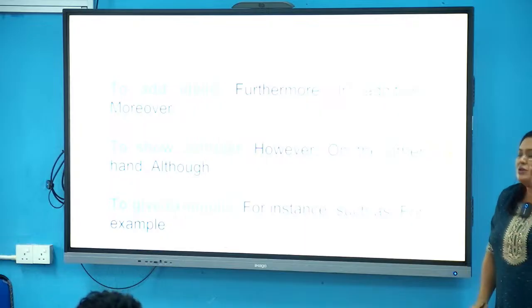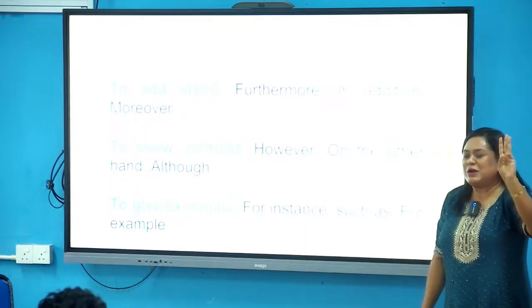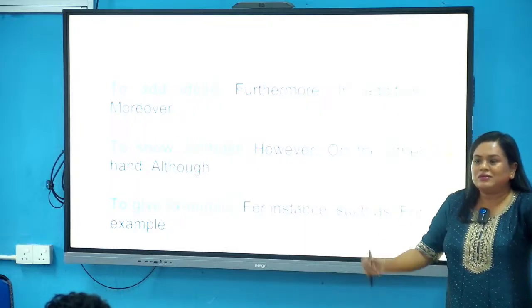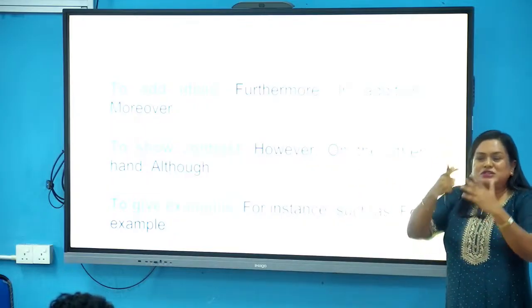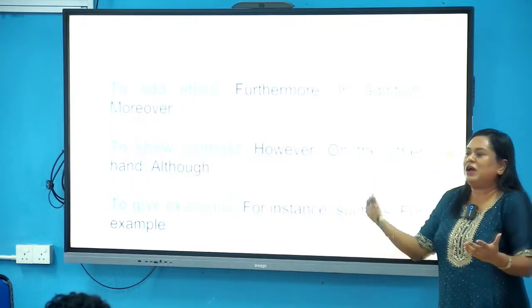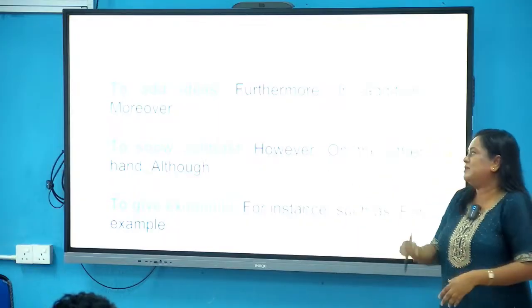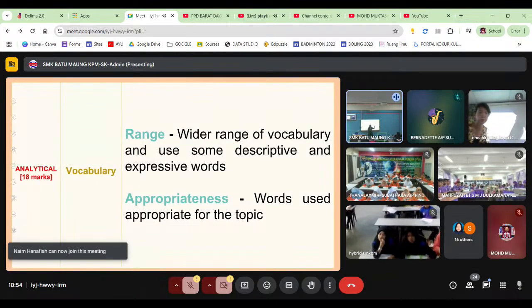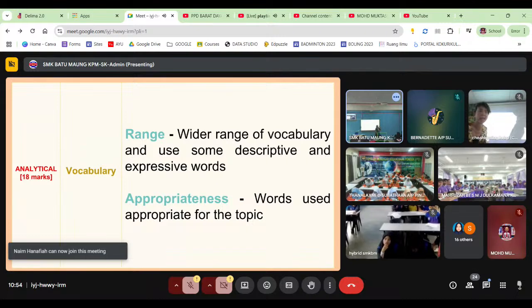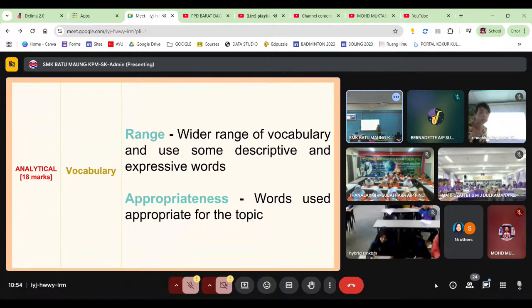So when it comes to grammar, what are the 3 important aspects you need to work on? Accuracy. Okay, try to use a variety of sentence structures. And number 3, cohesive devices. Okay, now let's look at vocabulary. For vocabulary, you need to focus on 2 aspects, which are the range, kepelbagaian kosakata.